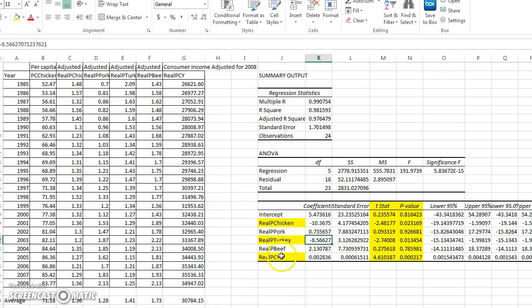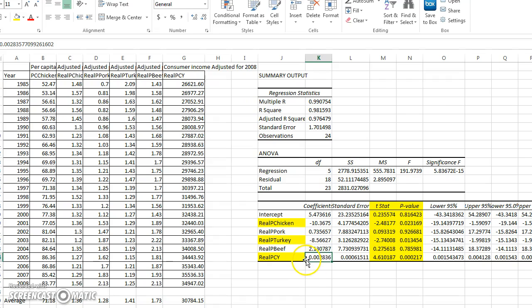Okay, now let's look at the real per capita income variable. This variable, number one, has a positive coefficient, which does make sense, because when income goes up, we find it has a positive impact on the demand of chicken.